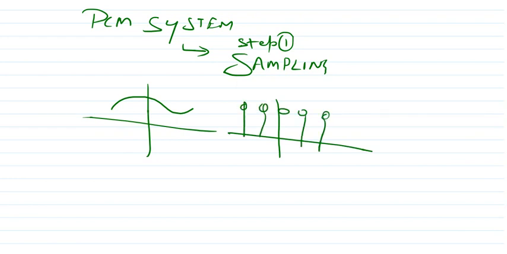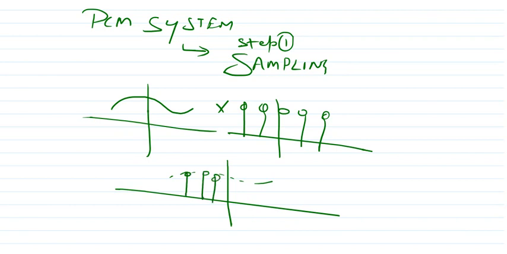After multiplication, what are we getting? We are getting samples only. So this is called the sampling property.